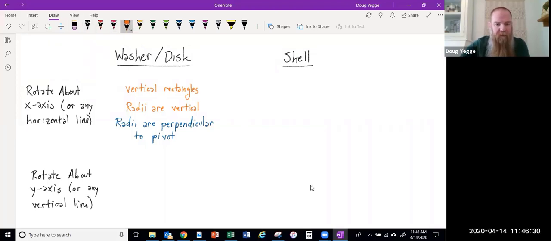now we realize that, just like in the last two problems that we did on our prior assignment, we were going to have horizontal rectangles. And of course, the radii are horizontal at this point.